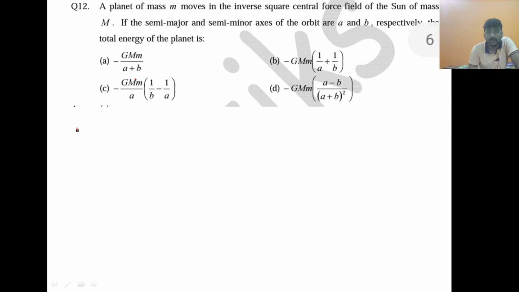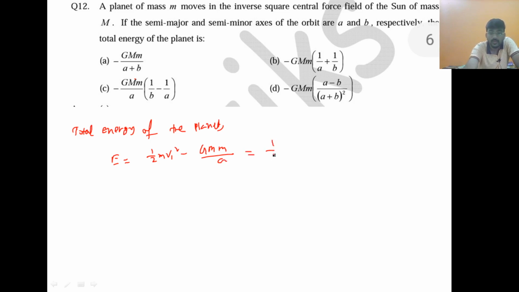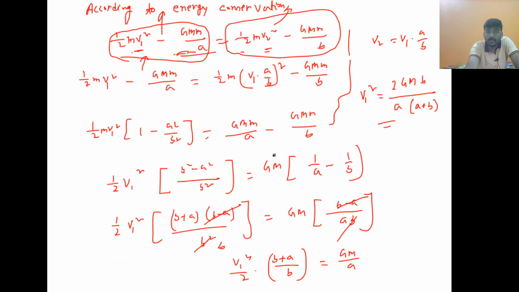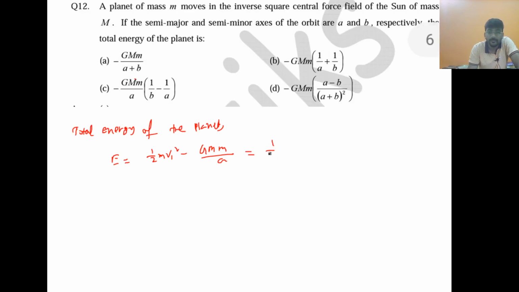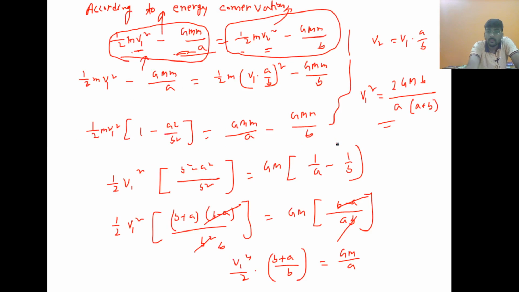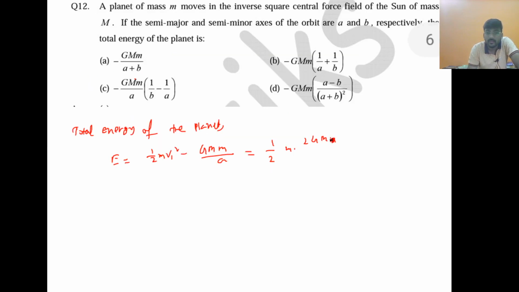that total energy of the planet E equal to half m v1 square minus g capital M small m divided by a, and let me substitute v square over 2, or v square you can say, that is 2 g capital M into b divided by a into a plus b, minus g capital M small m divided by a.